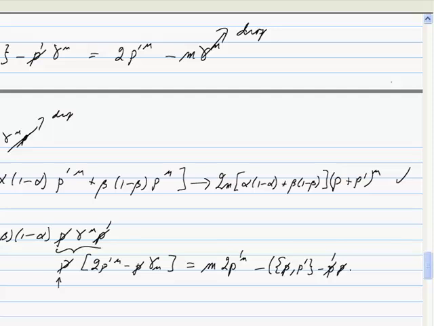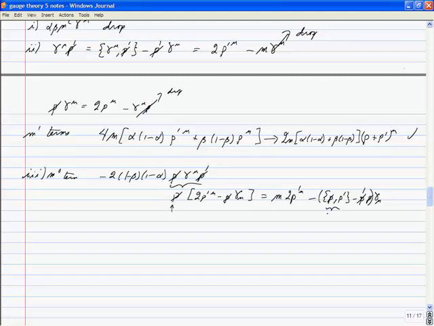P prime sits on that side, gamma, and then close brackets, gamma mu there. That turns into 2p dot p prime. So that can be dropped because that's a gamma mu term. This guy here turns into m.